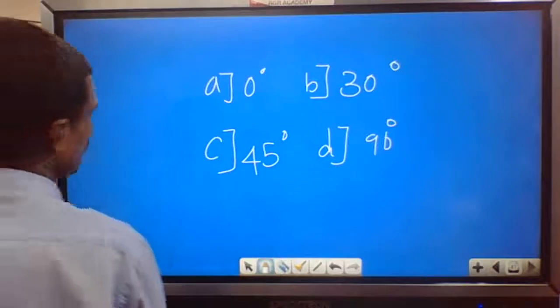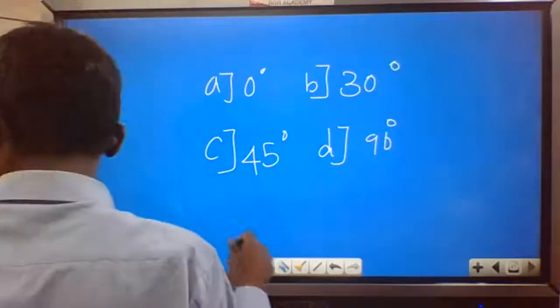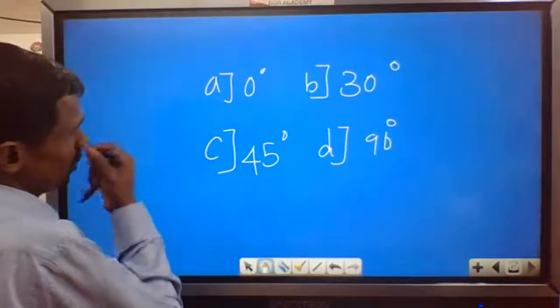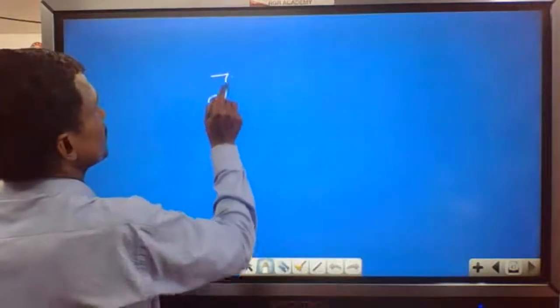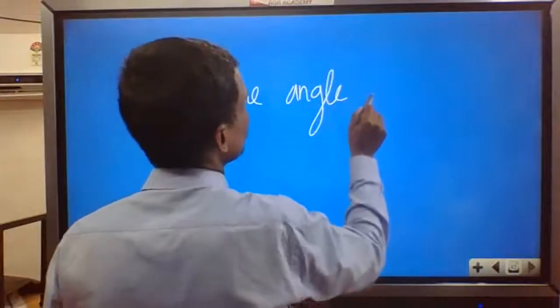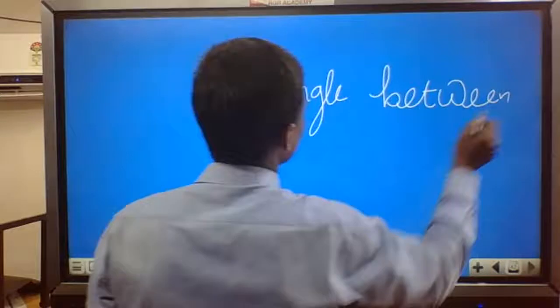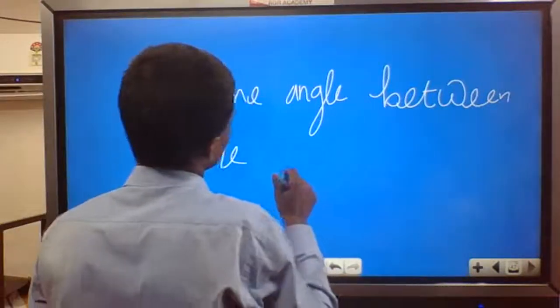We know that in this problem, the angle between the line and the plane.